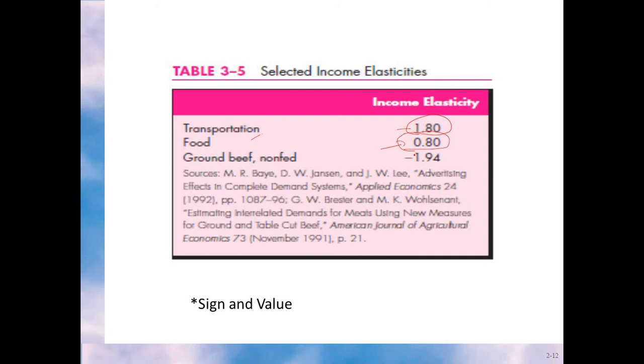Food is also a normal good. We cannot tell whether this is elastic or inelastic, we can just tell whether the product is normal or inferior. For ground beef, this product has a negative value, so ground beef is an inferior product. So this is how we read this table.